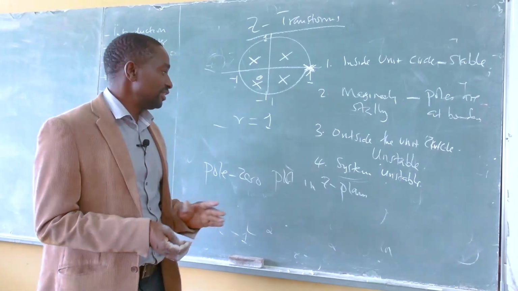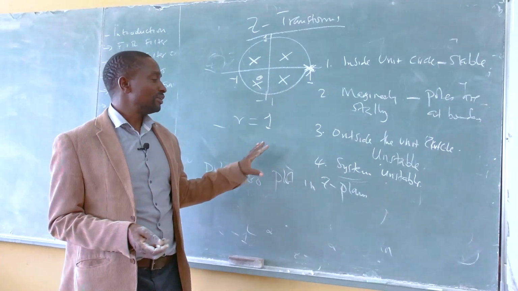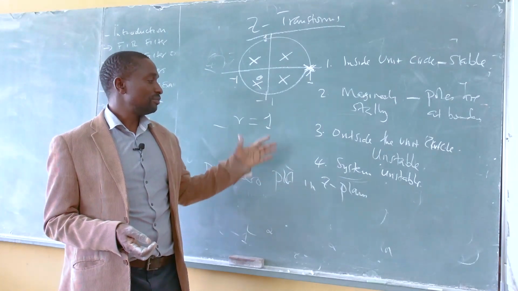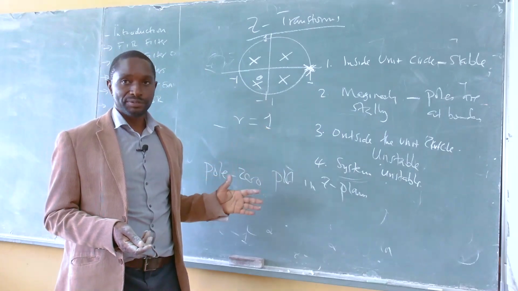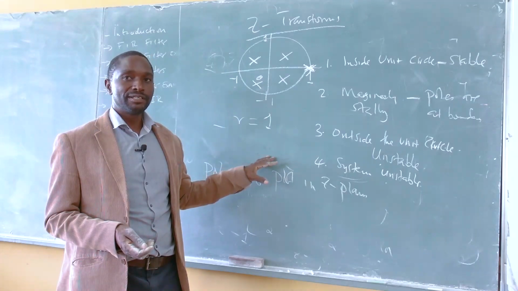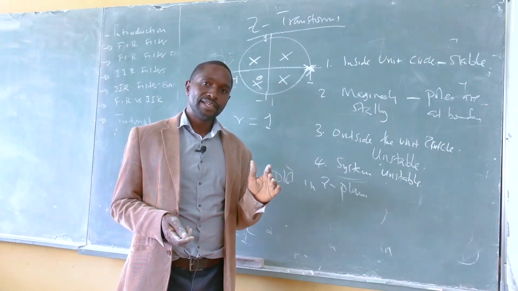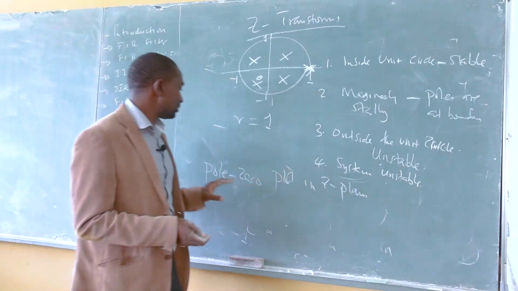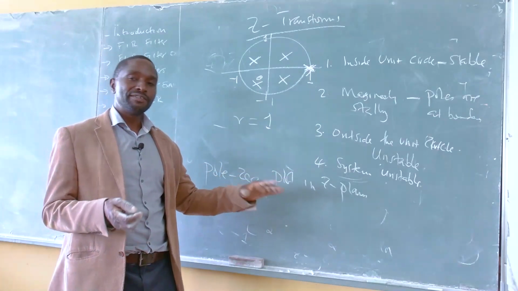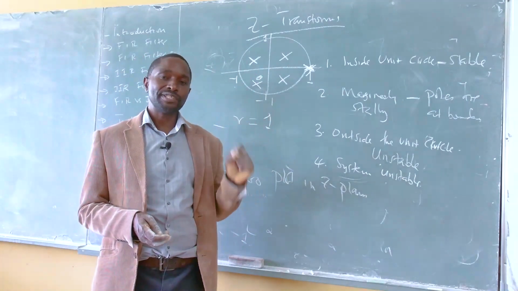So this stability plot will become critical when we look at the next lecture, lecture number 9, where we'll be talking about digital filters, especially the infinite impulse response filter, because it is that type of filter that will consist of poles and zeros. It's important to notice that once you calculate your transfer function and analyze the poles and zeros, if those poles are inside the unit circle like this, then we say the filter is stable.